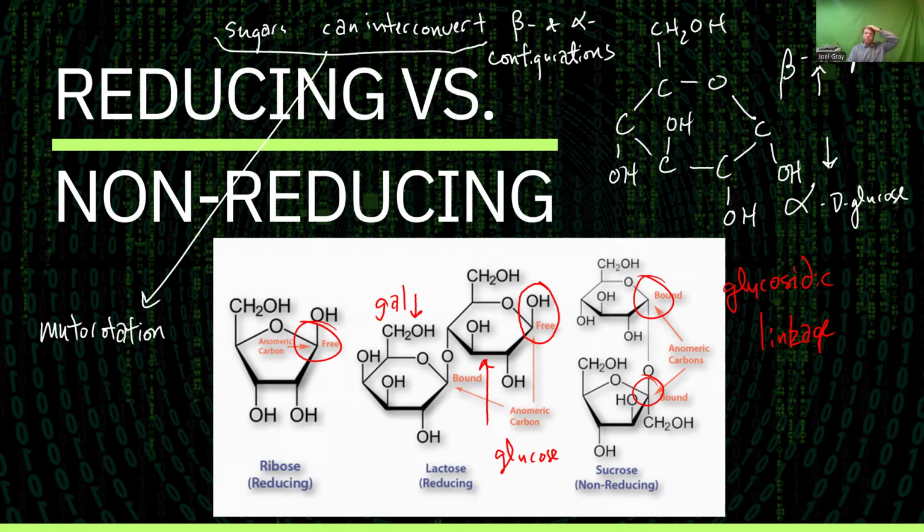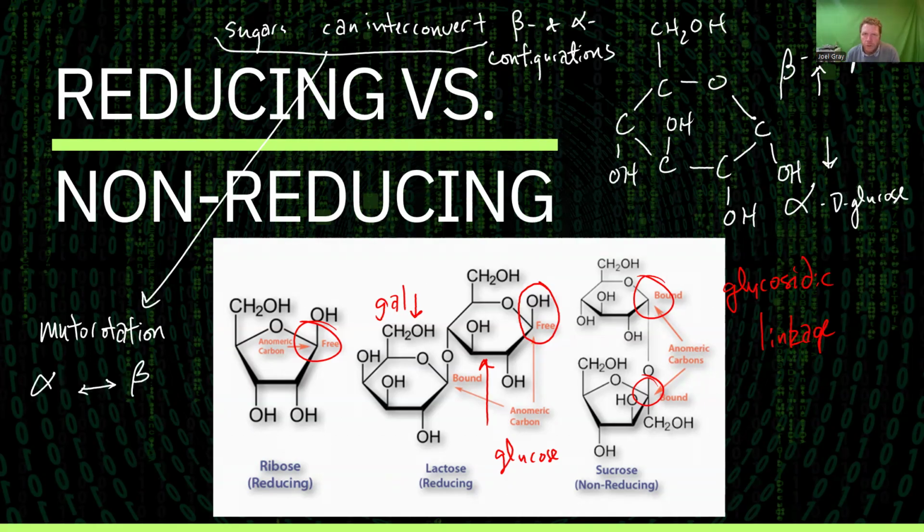Now, it's always helpful for me to think about reducing versus non-reducing. Whenever I think about reducing and non-reducing, I always tend to gravitate towards thinking about reduction and oxidation, basically thinking about electrons moving around. This mutarotation is our interconversion between the alpha and beta configuration.